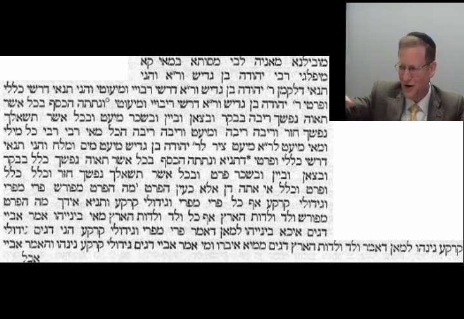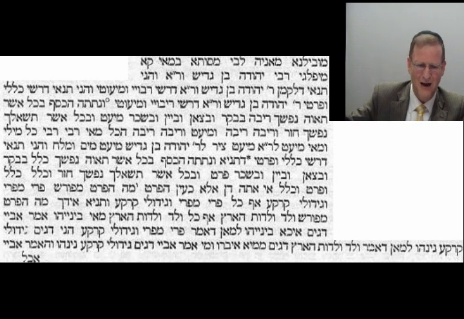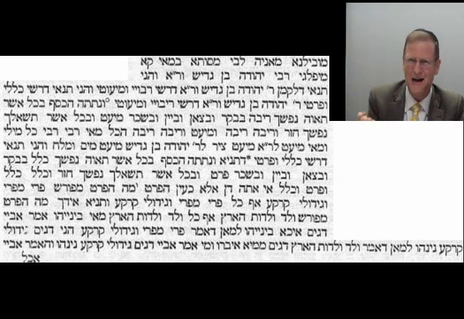So that's called fruits from the ground. So af kol pri mipri ugidulei karka, anything that comes from the ground, which means you can go ahead and purchase with the money from the second tithe.